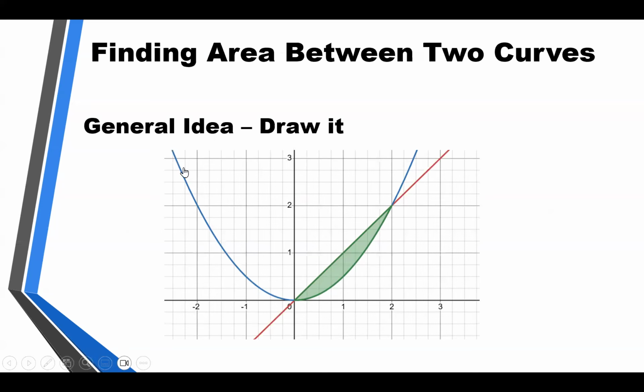For instance, what if I have a parabola and a straight line, and I want to find the area between that parabola and the straight line from x value of 0 to x value of 2? That's what I've shaded here in green. How could I do that?